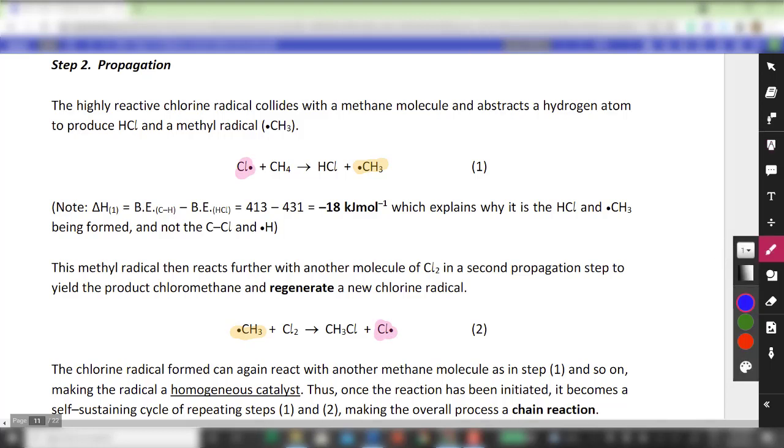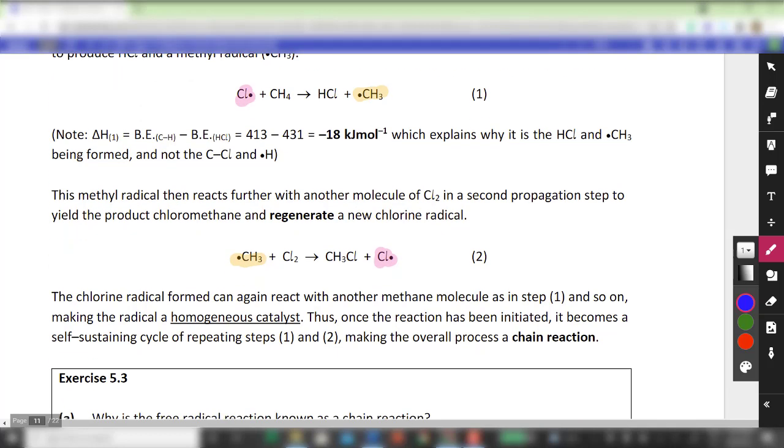That's why it's known as propagation, or sometimes we call it chain propagation, because the chlorine radical keeps generating in the course of the reaction, and it goes through at a very fast pace. Okay, we're not going to study the kinetics of this reaction. Scientists have studied it. If you're interested, you can read up more about it, but it's a bit complicated when we look at the kinetics of radical-based reactions.